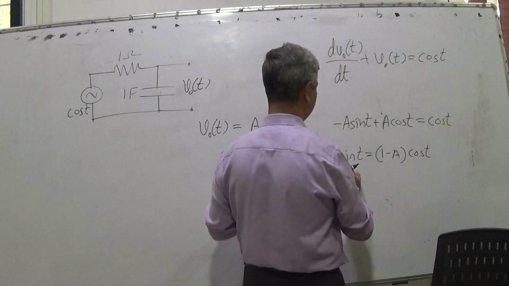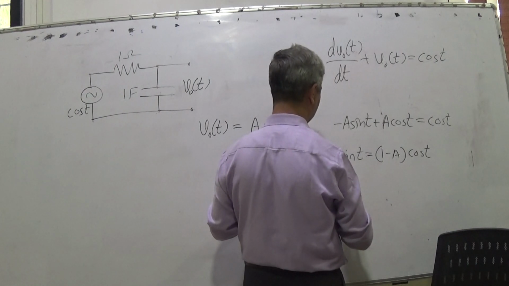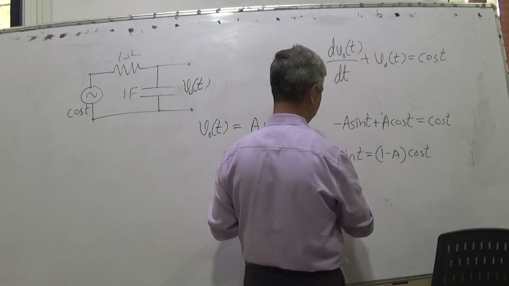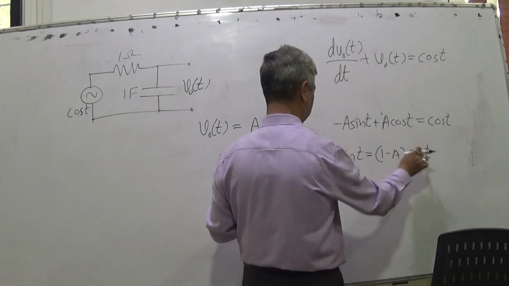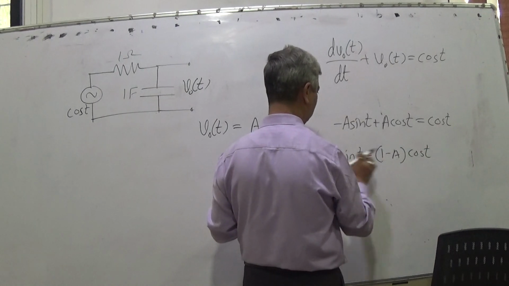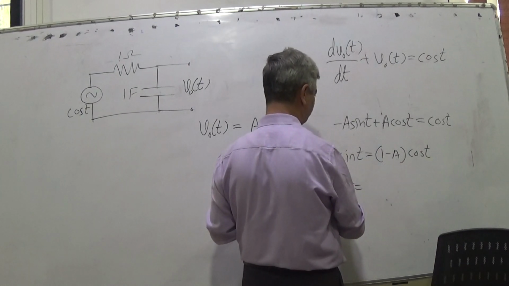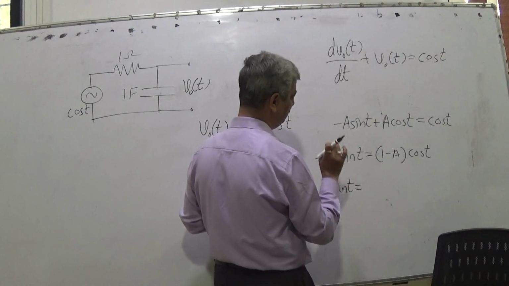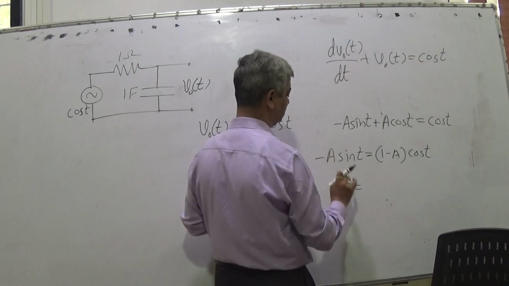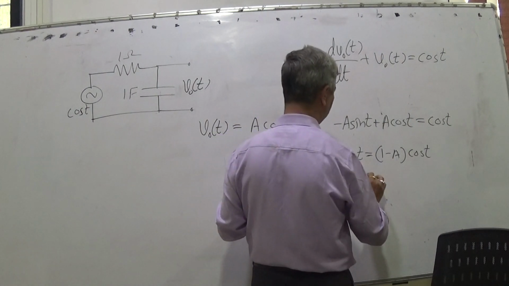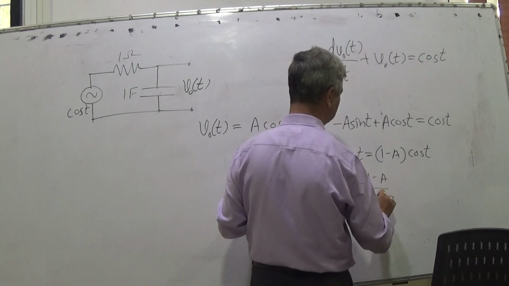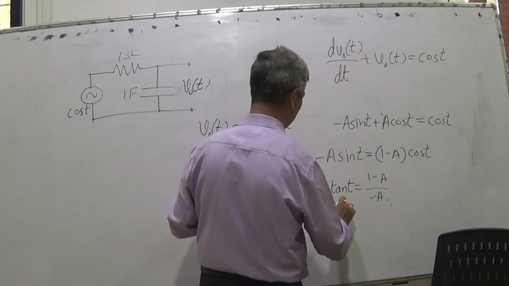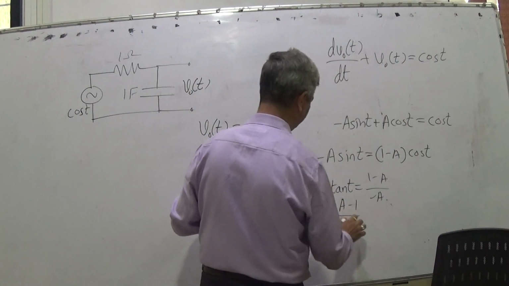Dividing by minus a cos t on both sides, tan t becomes 1 minus a upon minus a, that is, tan t is equal to a minus 1 upon a.